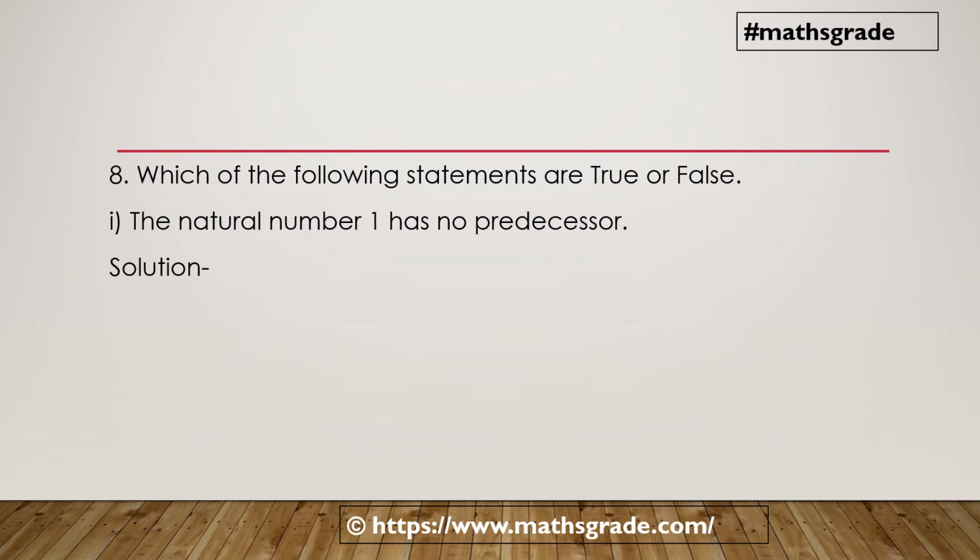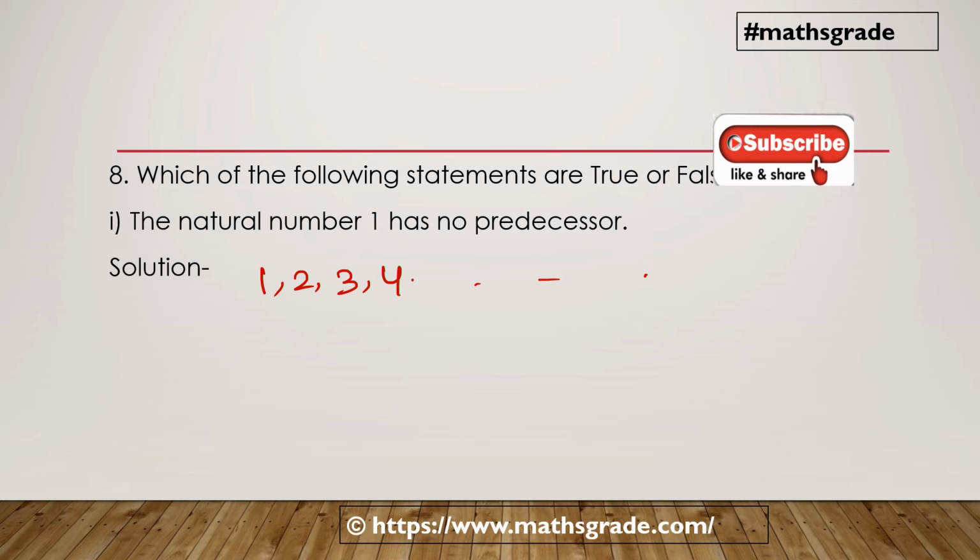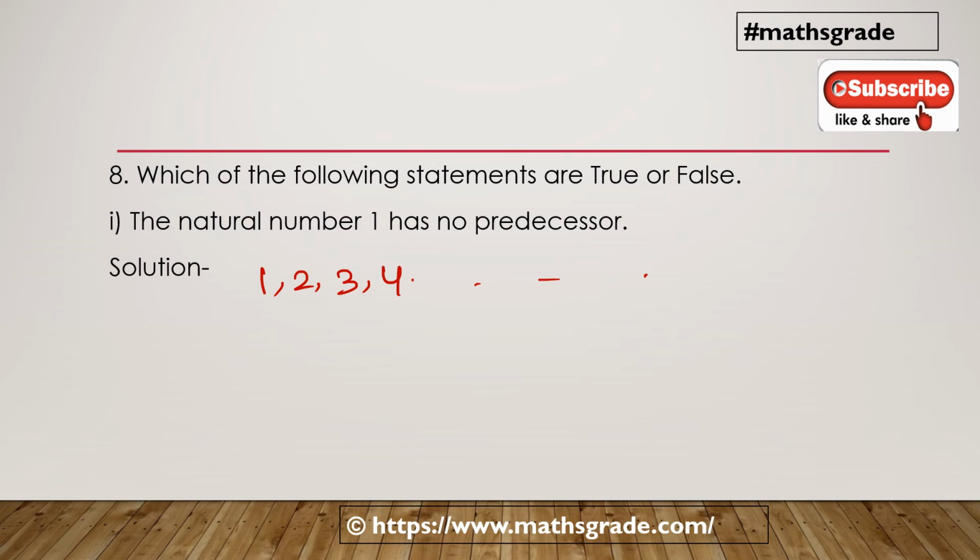Now question number I bit. The natural number 1 has no predecessor. Predecessor is the before number or the previous number, and the natural numbers are counting numbers which start with 1, 2, 3, 4. So the natural number 1 has no predecessor. The predecessor of natural number 1 is 1 minus 1.